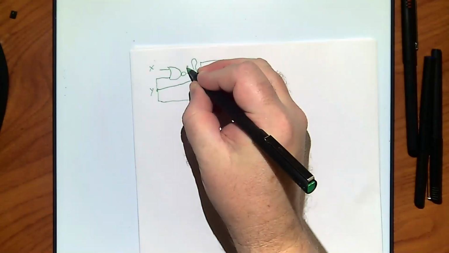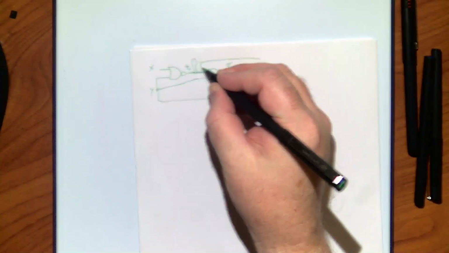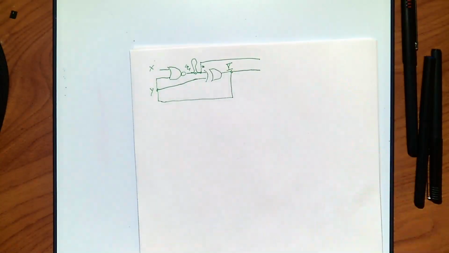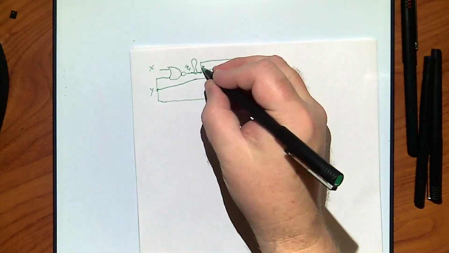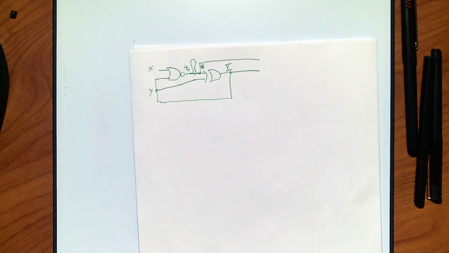I'm going to use that same convention. Capital Z is the output of the gate, and little z is the input to the next gate. That is not a very good looking little z. I'm putting serifs on the end to try to distinguish capital, because I make handwriting mistakes. That's why I went into engineering and not art.